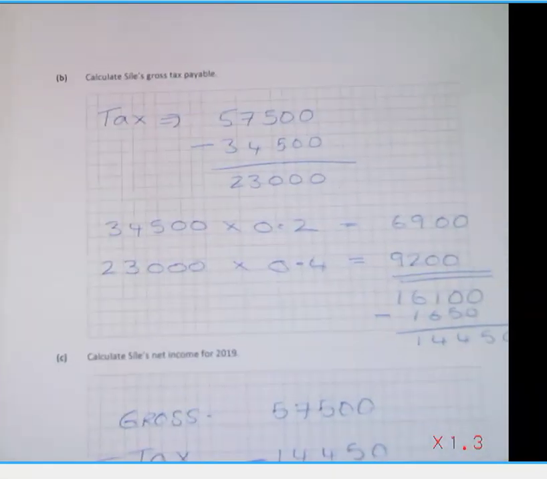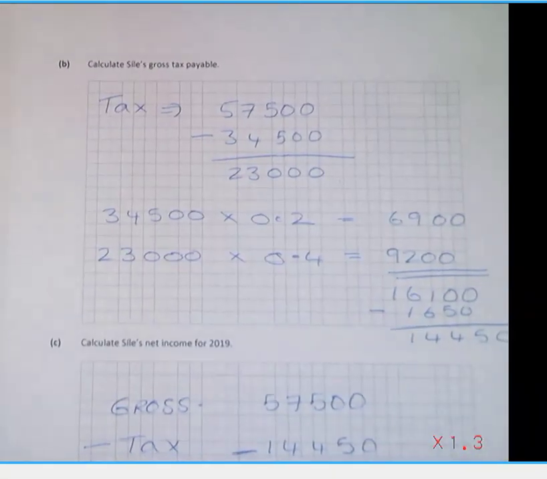Part B, calculate her tax payable. Her gross wage was 57,500. You take away the standard cutoff, so you're getting 23,000, right? So the 34,500 was at 20%, so you're multiplying it by 0.2, so you're getting 6,900. That's her low tax.